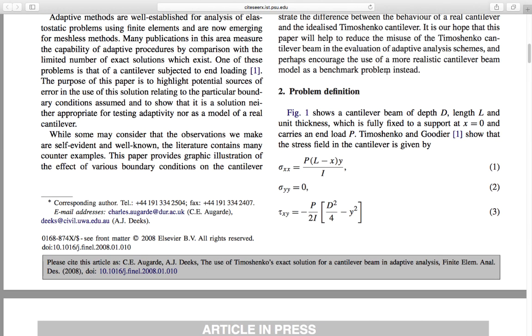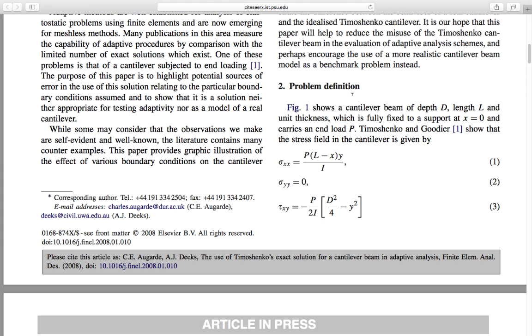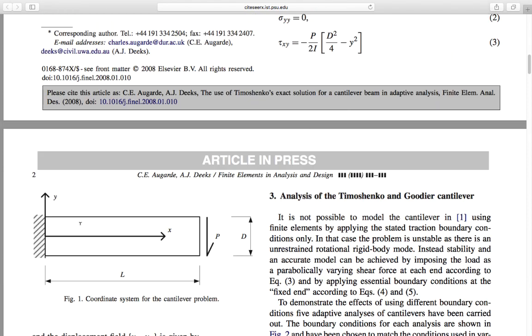The problem definition is exactly the one that we have been looking at. So if you have a cantilever beam, which is given here in this picture, it's a two-dimensional image here with x and y, and there is a load P acting at the edge. It has been assumed here that it is a load Q in our example problem definition, but this is a shear load that is acting at the edge of the beam.